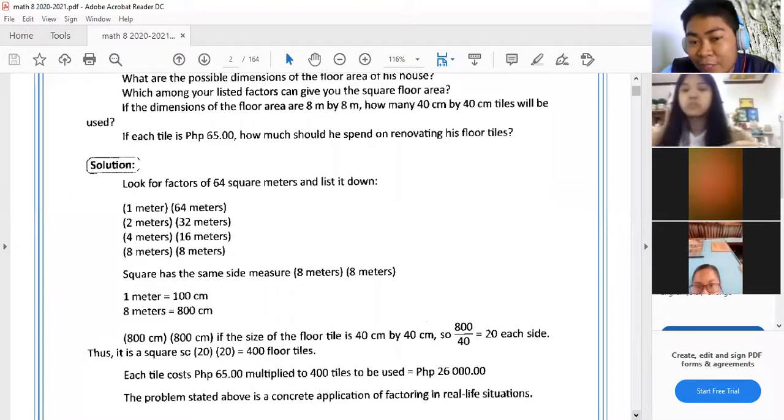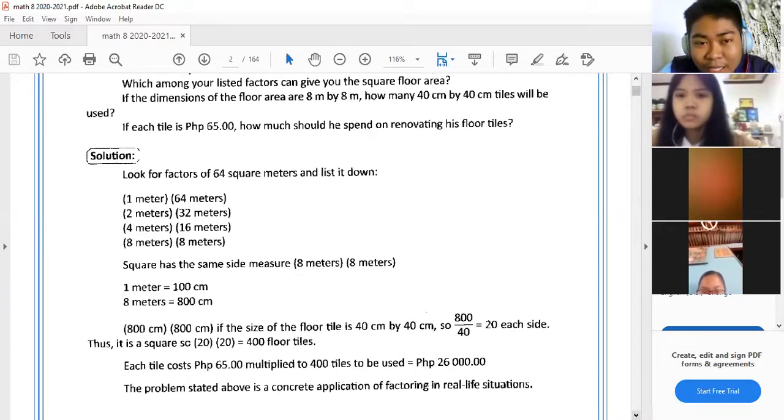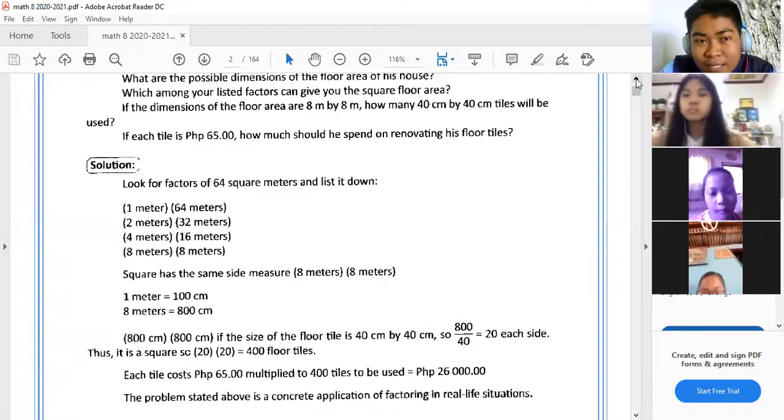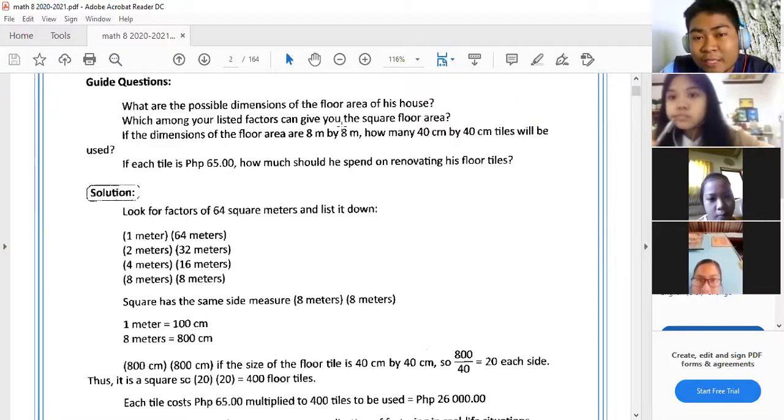So 1 meter is equal to 100 centimeters. Therefore, those 8 meters will be equivalent to 800 centimeters. The first questions were, what is the possible dimension of the floor area of his house, and which among your listed factors can give you a square floor area?